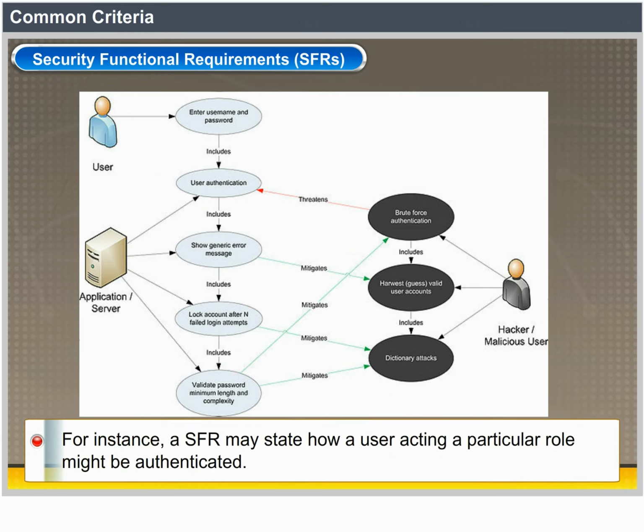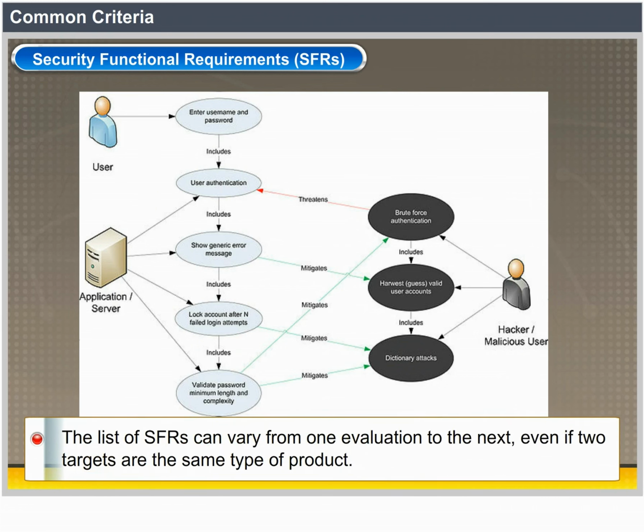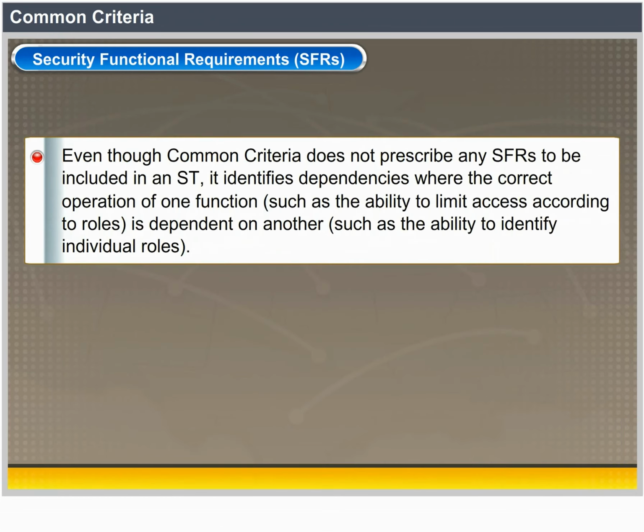The list of SFRs can vary from one evaluation to the next, even if two targets are the same type of product. Although Common Criteria does not prescribe any SFRs to be included in an ST, it identifies dependencies where the correct operation of one function, such as the ability to limit access according to roles, is dependent on another, such as the ability to identify individual roles.